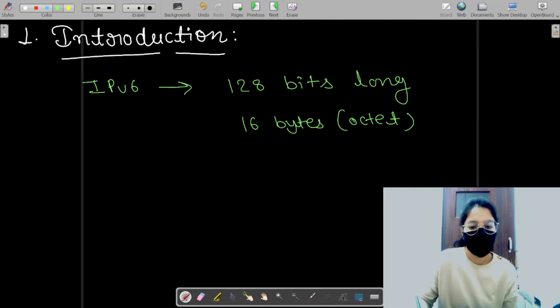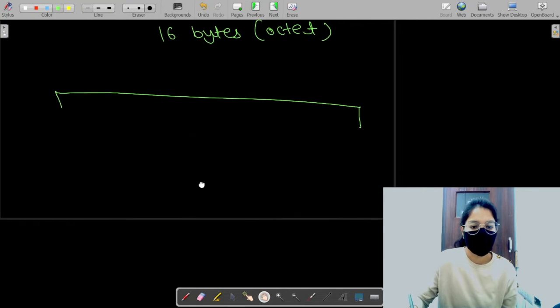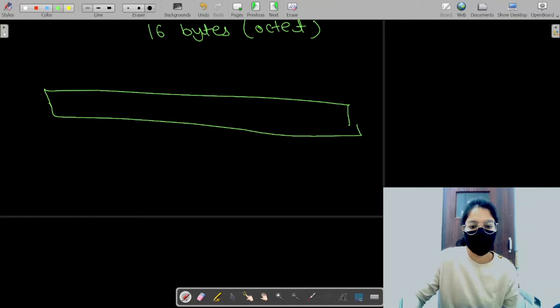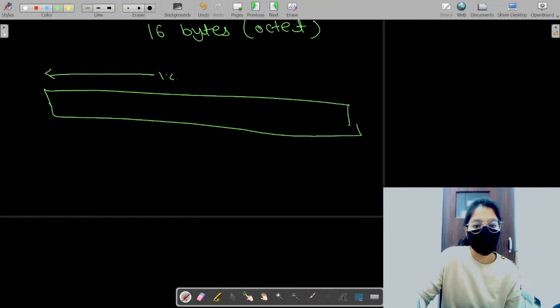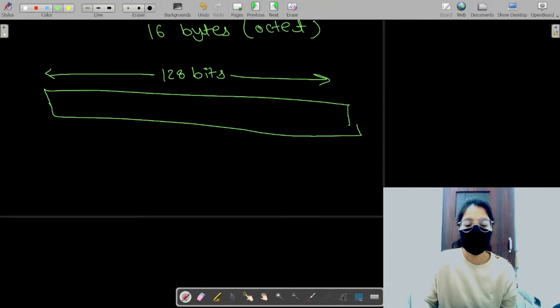Okay, so how will we write it? Like we have one bar. This is 128 bits. It's 128 bits long. This is an IPv6 address, something like this.